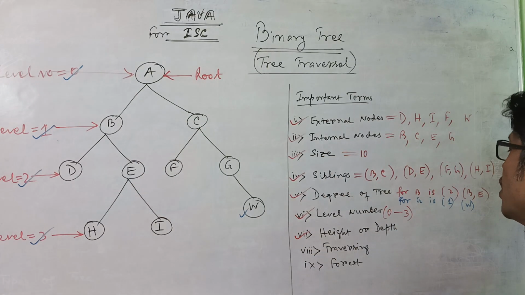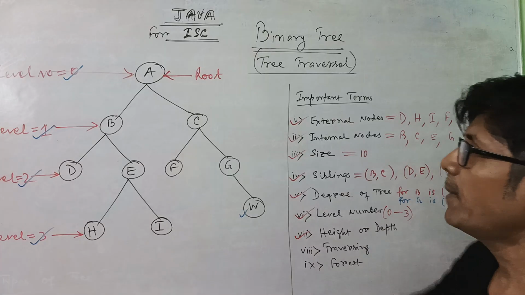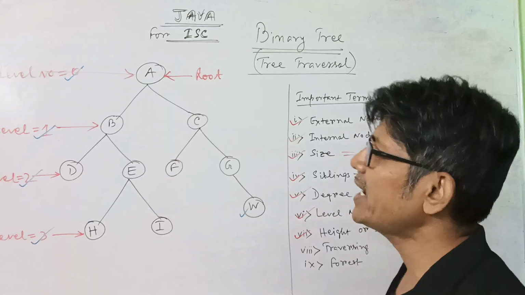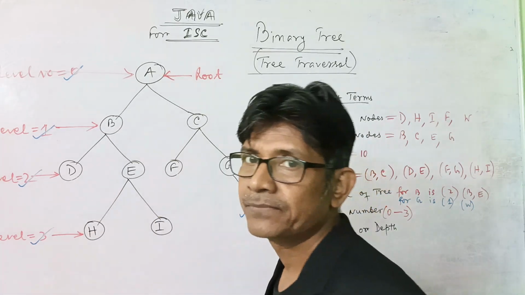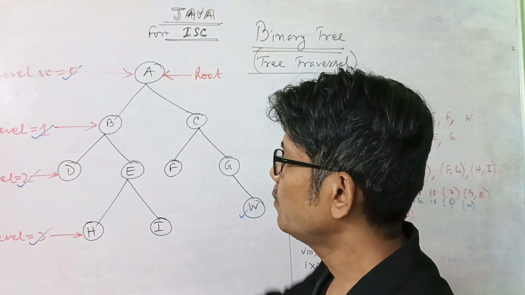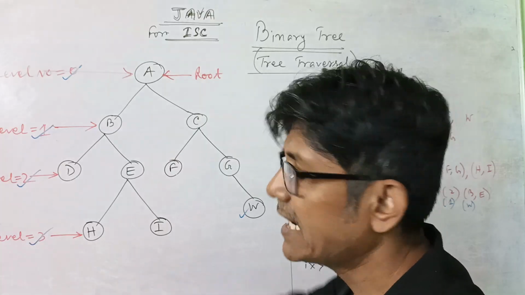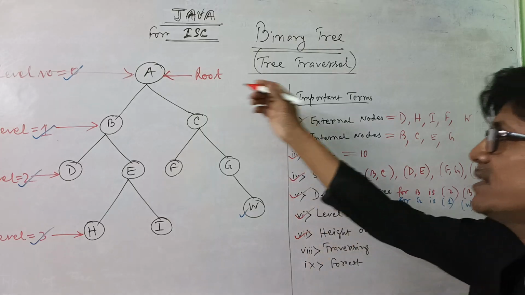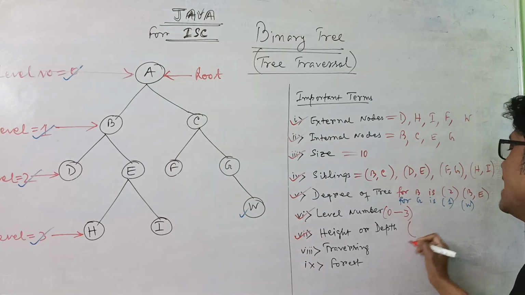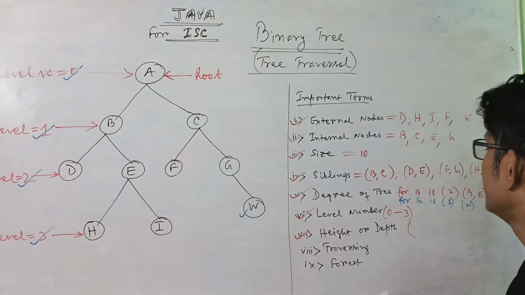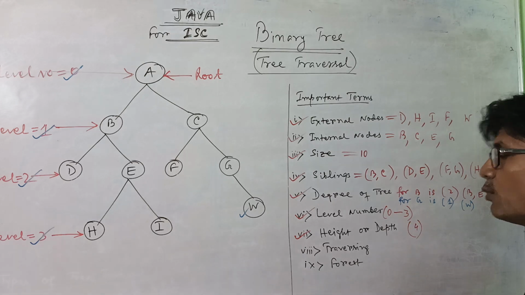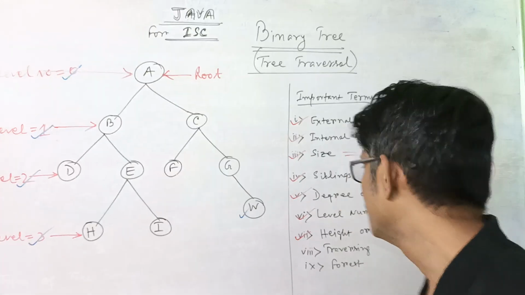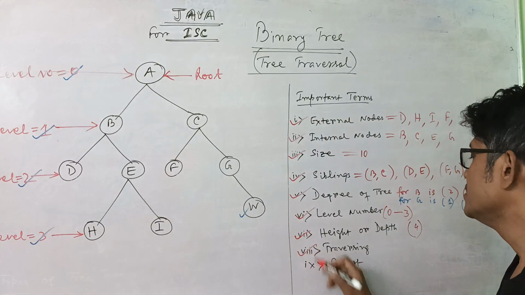The height, the total number: 1, 2, 3, 4. If I check the height of D, it will be 1, 2, 3. What is the height of H? That is 4. So the total height of the tree as per this figure is 4. From the root, its height is 4.